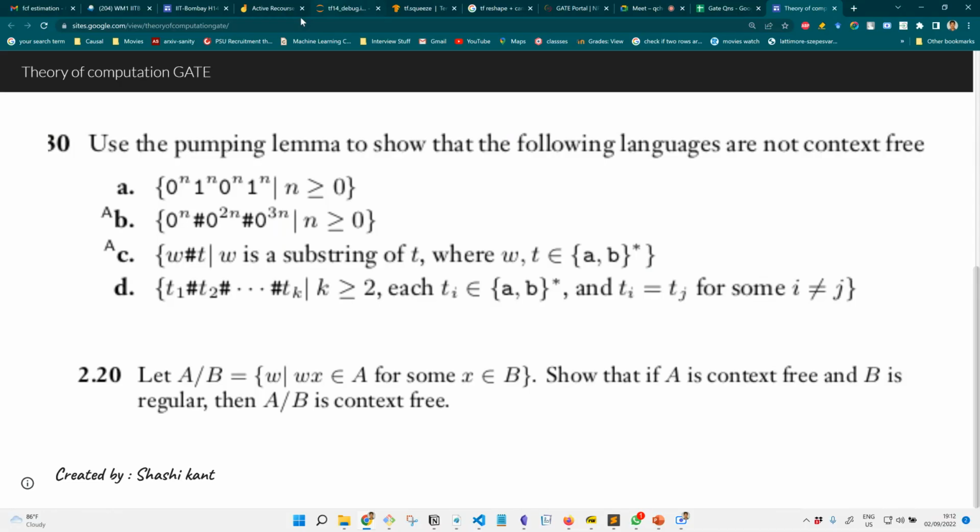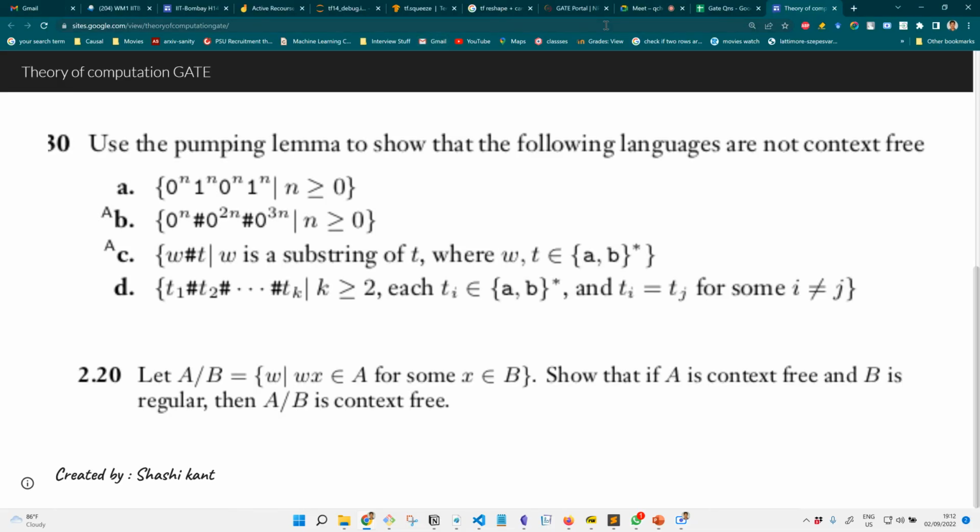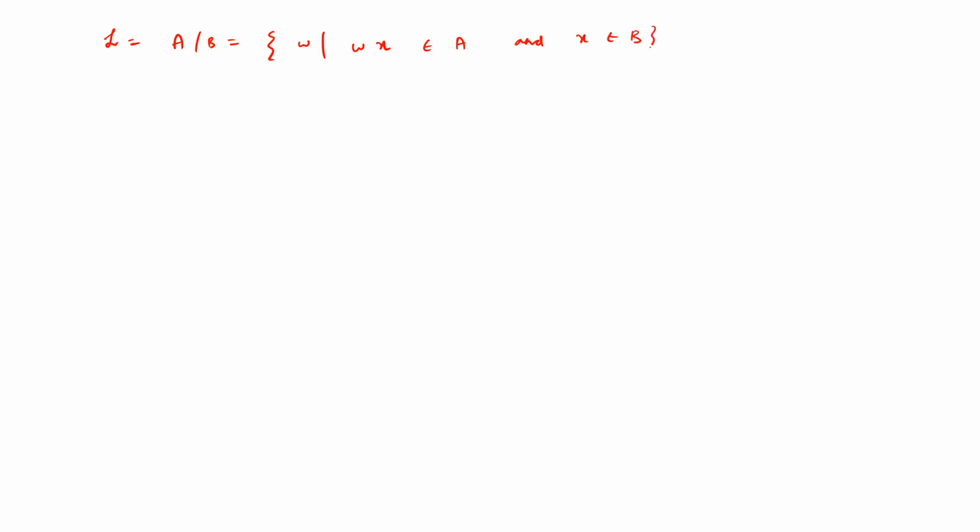I need to open the page. W such that wx is in A and x is in B, where A is a context free language, right? Yes. A equal to CFL and B equal to regular.